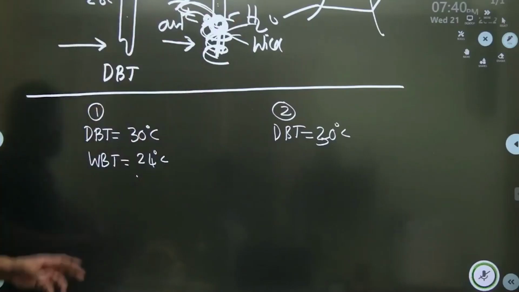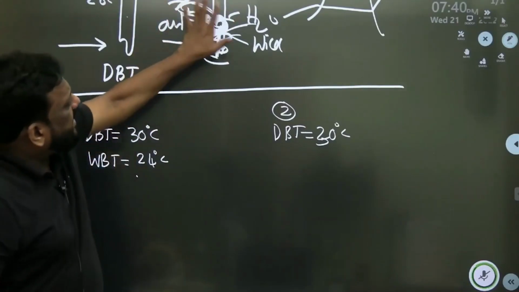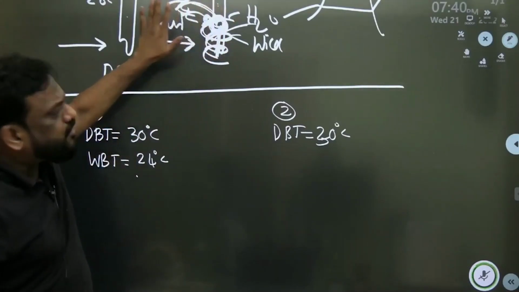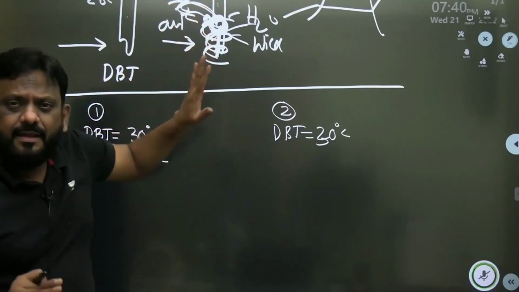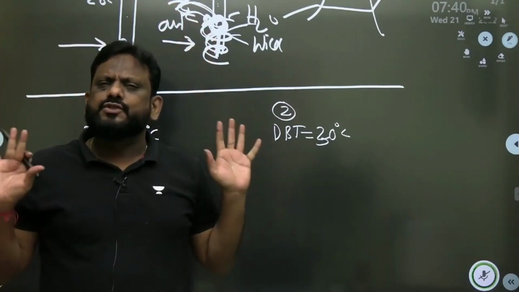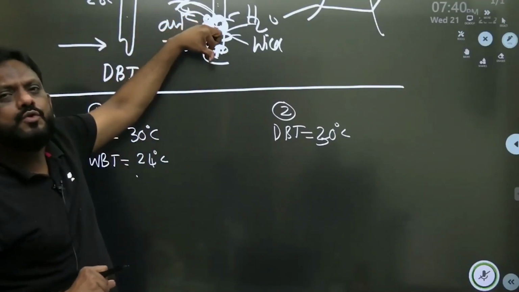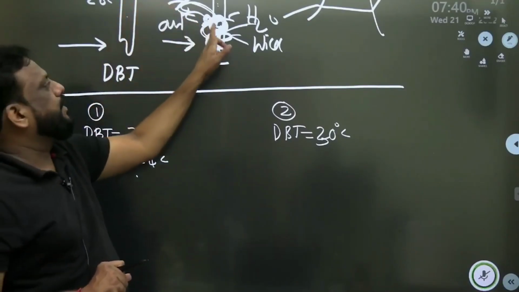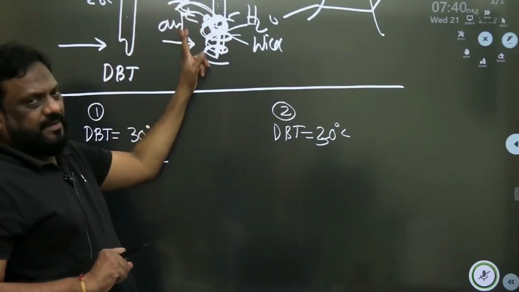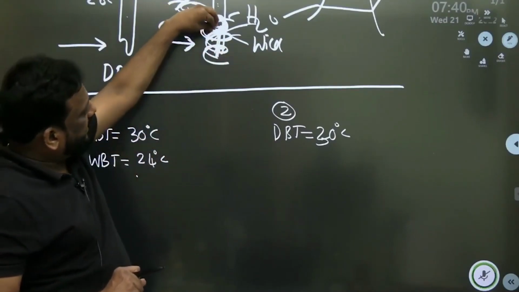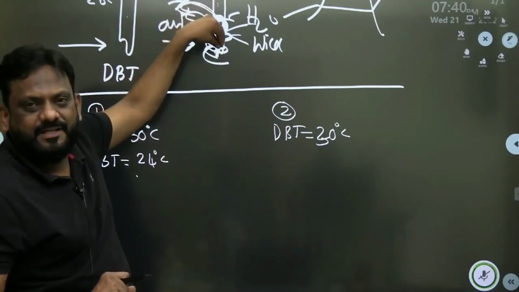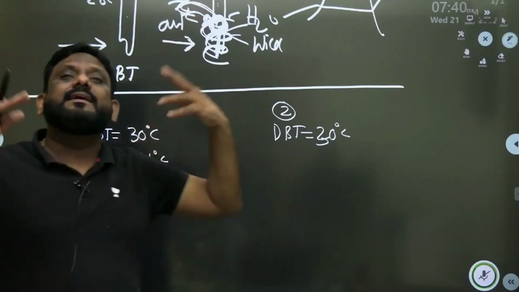Now, dear students, if the air is already saturated, completely full, it has no capacity to absorb further. When there is no capacity to absorb, there is no evaporation. When there is no evaporation, no heat is taken from this, so there is no drop in temperature. So it will automatically indicate the dry bulb temperature.